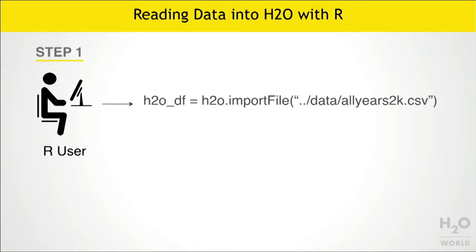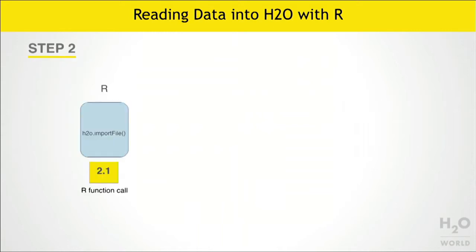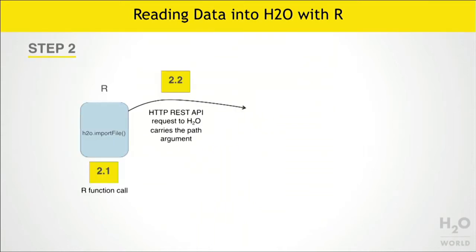As an example of how data is read into H2O from R, the R user will execute an R function call, and the function call will tell H2O to import the file and give it the path of where the data set is sitting. The R function call is then sent over through the H2O REST API, which is uniform across all the different platforms.